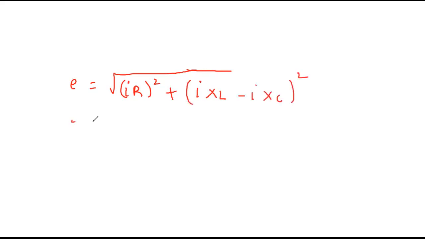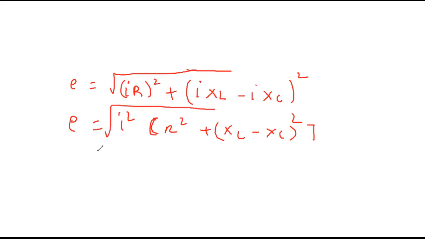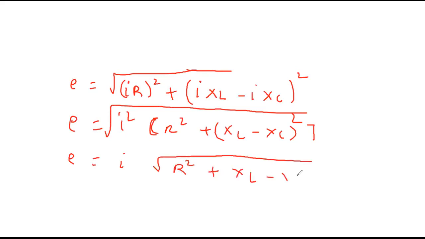So we can write this as I square common in bracket, R square plus (XL minus XC) whole square, in root. That means E is I times root of R square plus (XL minus XC) square.